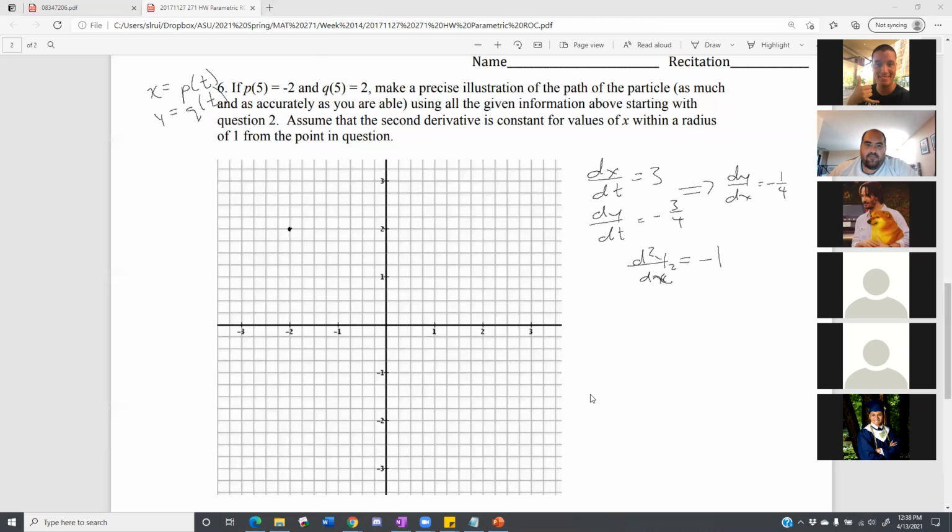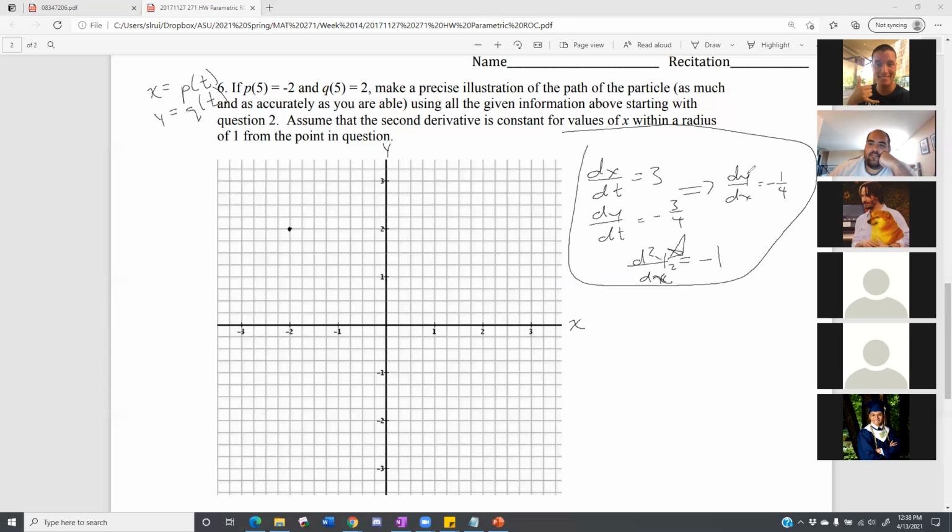But the axes of this graph are f of x and g of x, or y and x. So we're not graphing T on this plot, but we have all of this information that we found from the last few questions, and that should help us.